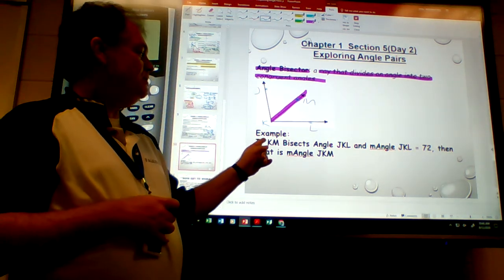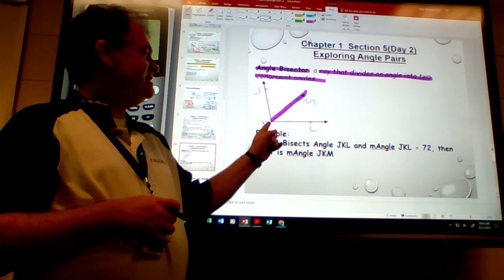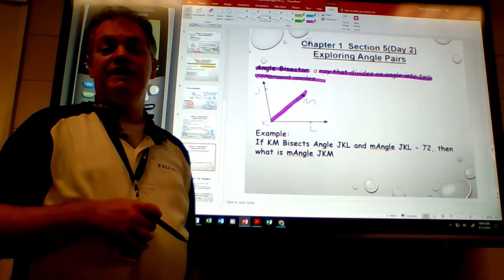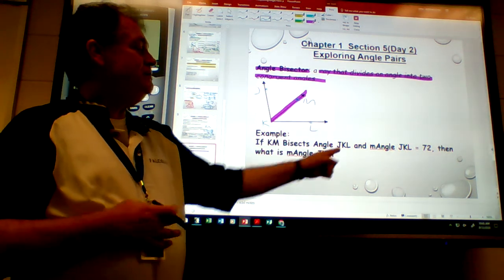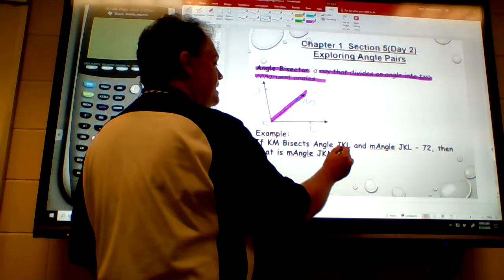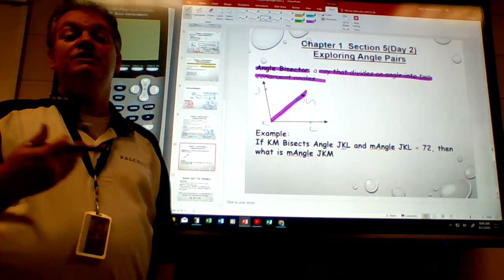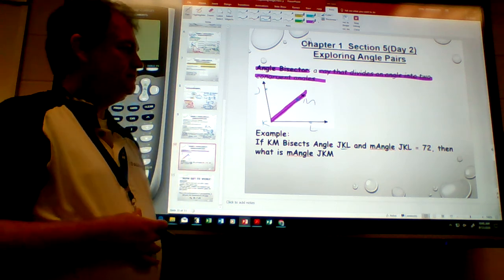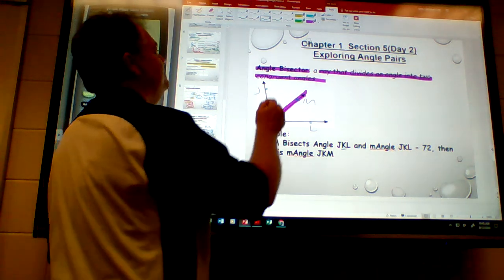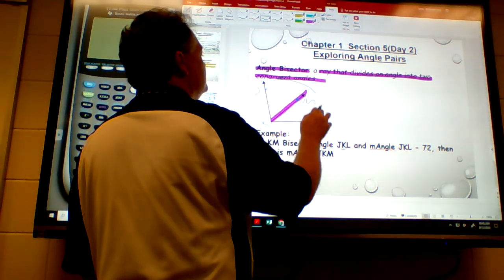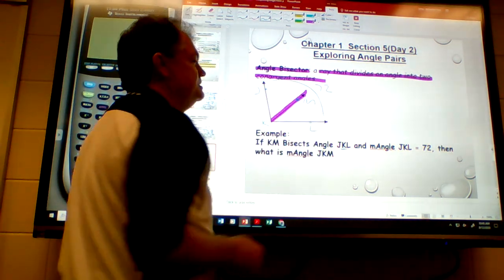It's how you read it. So KM, that means that K is the vertex point and M is the other point on the ray. JKL. We knew that because K right there is the vertex point, and we know that because it's in the center. So angle JKL has a measure of 72. So this whole angle right here has a measure of 72 degrees.